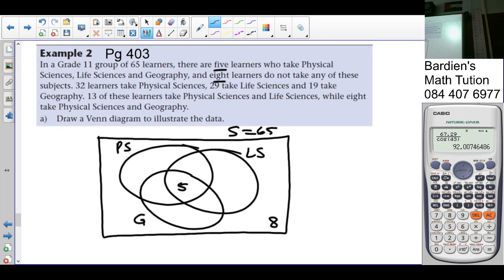32 learners take physical science. So where does that go? Physical science. 32 learners. 29 takes life science. So you pencil in the 29.